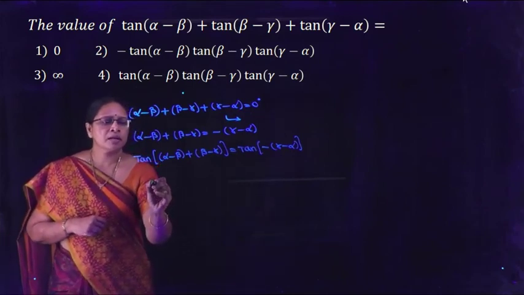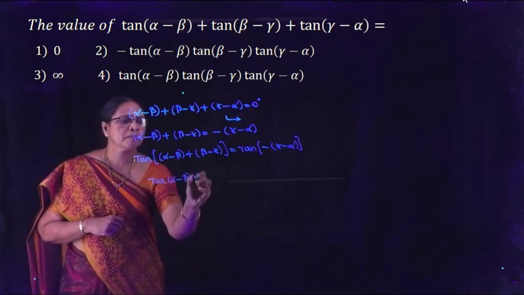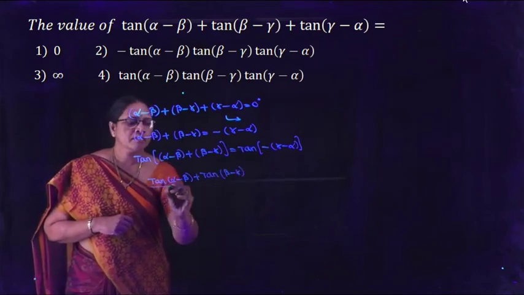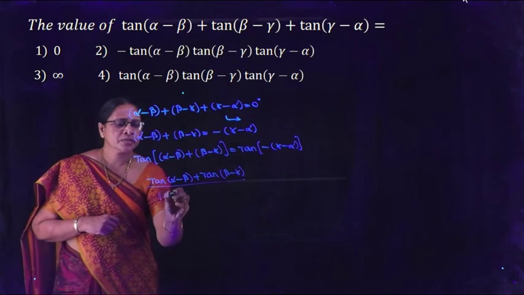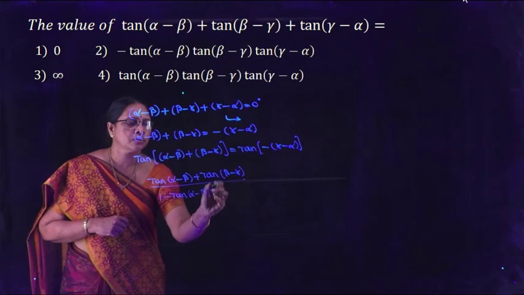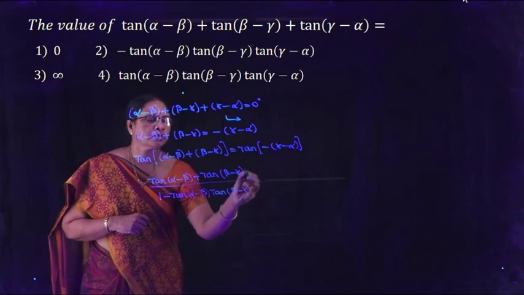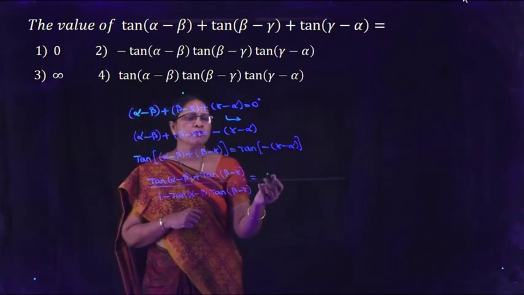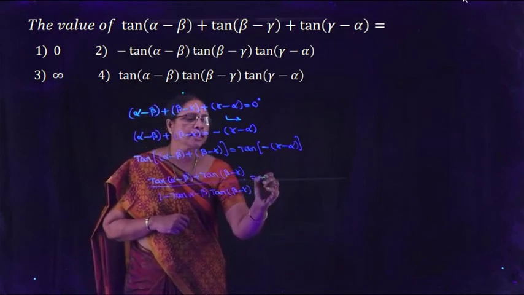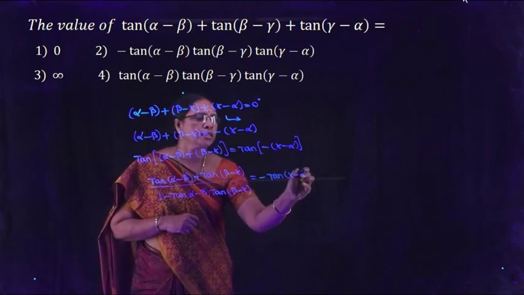According to the formula tan(A + B), we have (tan(α − β) + tan(β − γ)) divided by (1 − tan(α − β) tan(β − γ)), that is equal to, here the RHS is in the form of tan(−θ). We know that tan(−θ) is minus of tan θ, that is minus of tan(γ − α).